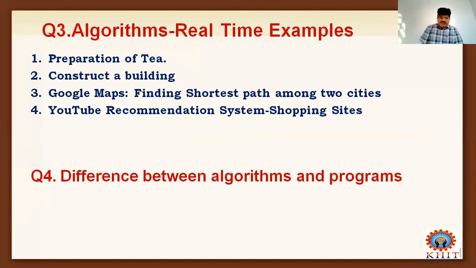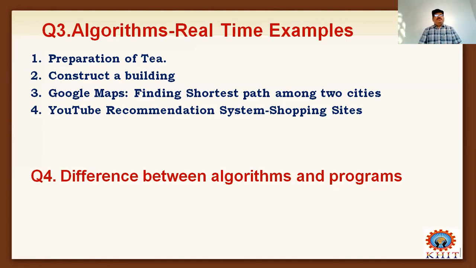The second difference is, while writing an algorithm, it can be written in a natural language or in the English language. Whereas programs can be written in a programming language.